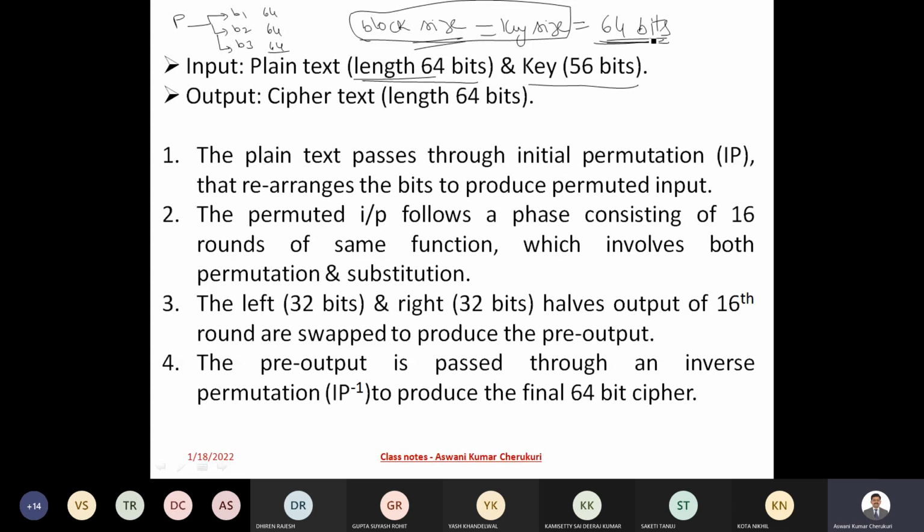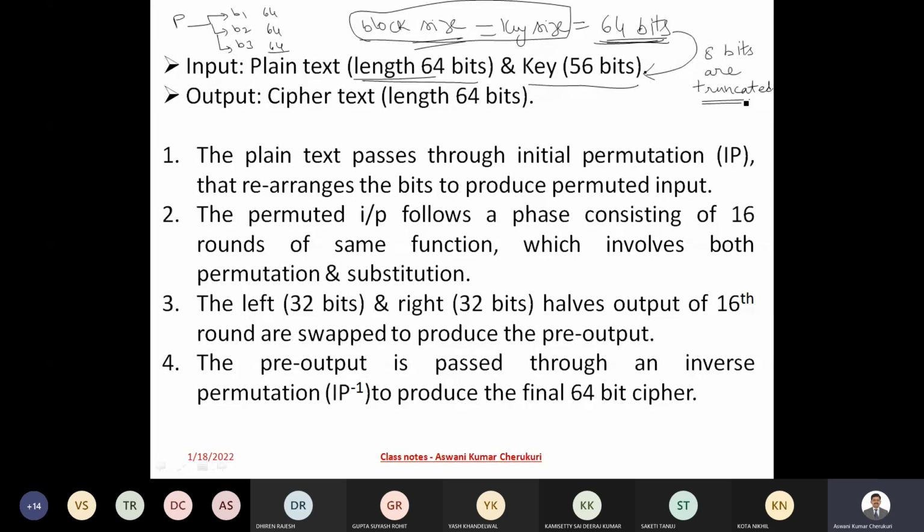But what the algorithm is going to do is, from the 64-bit length key you have given, the algorithm is going to consider only 56 bits. So 8 bits are truncated. The reason for what purpose they are truncated and how they would be used later, we will discuss a little later.